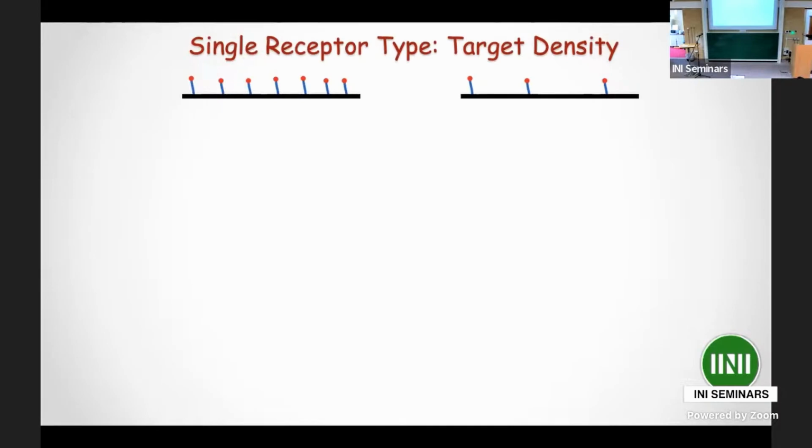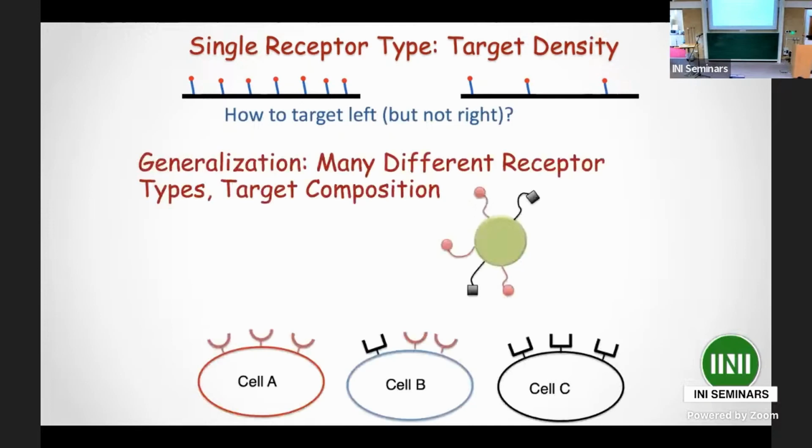What they showed here is how to target this but not this. That has been answered. Now the generalization of this problem is you have a cell with different populations with several different types of receptors on the surface, and now how to target, let's say, cell B but not A or C or any other similar cell.